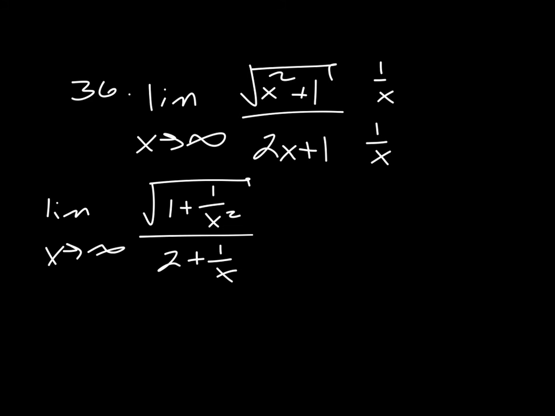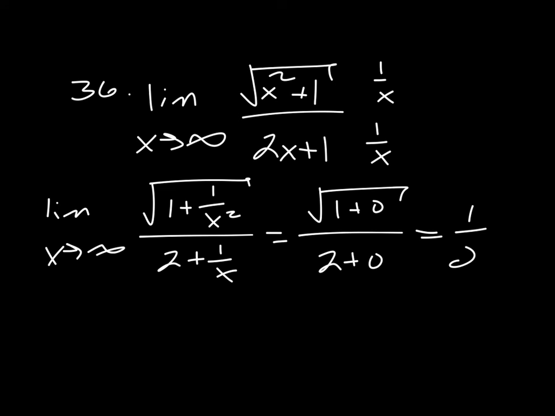Is that okay? All right, so now as we evaluate this, what's going to happen? Yeah, so that one goes to 0, so it ends up being the square root of 1 over 2 plus 0. So then it goes to 1/2.